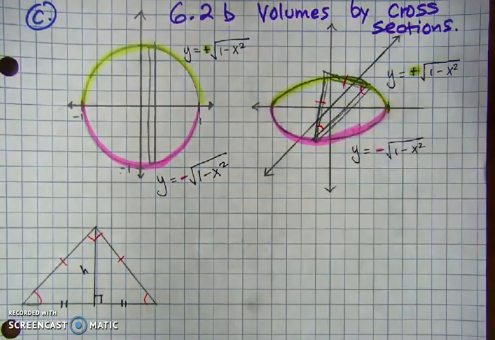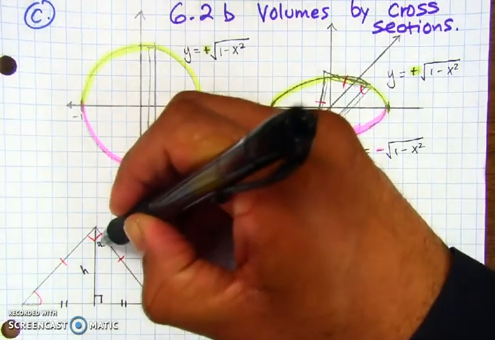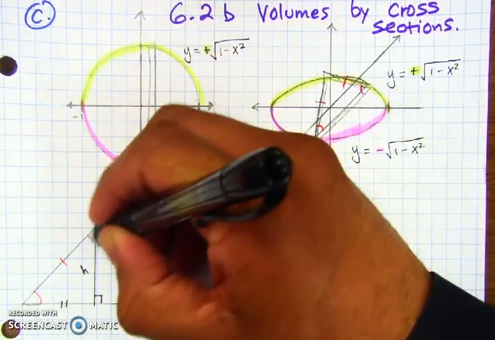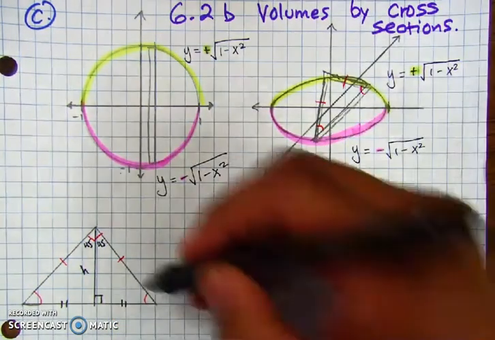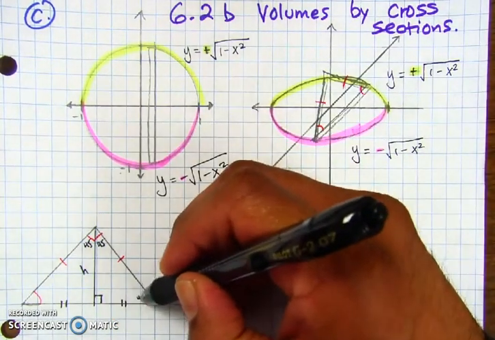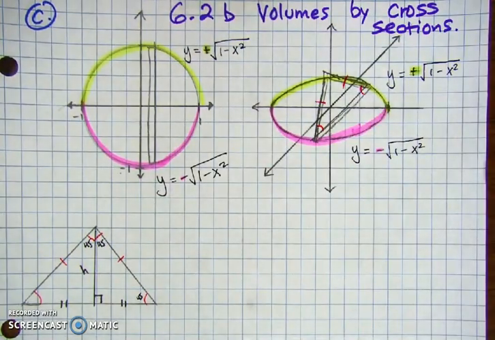Now, if you notice, this is also now 45, so that 90-degree angle gets sliced into two 45-degree angles. This was 45, so we have two isosceles right triangles within one.